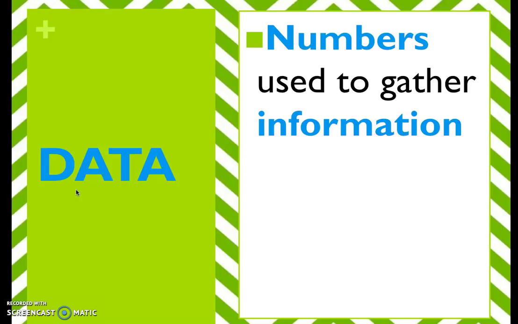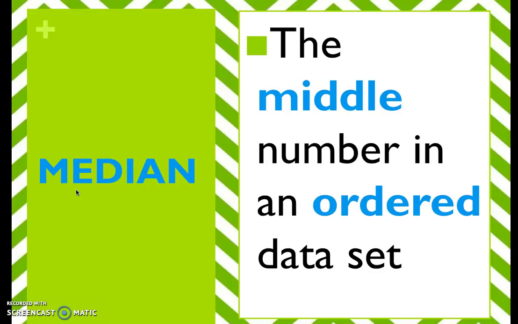Now the next three, hopefully you've heard before. The first one we're going to talk about is median. The median is the middle number in an ordered data set. When we're driving down the road and you see that little grassy area in between the two lanes, that's called a median.